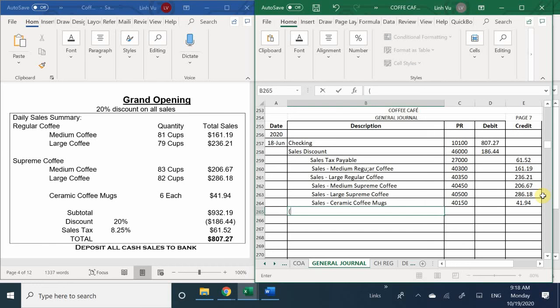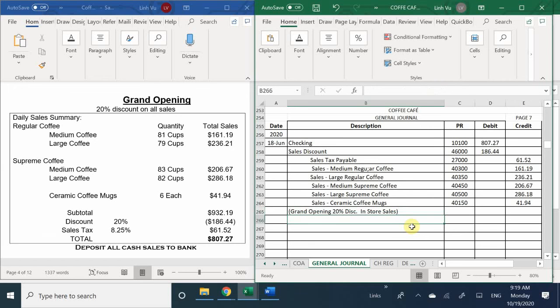Grand opening, 20% discount. Good. Okay, what else? In-store sales.